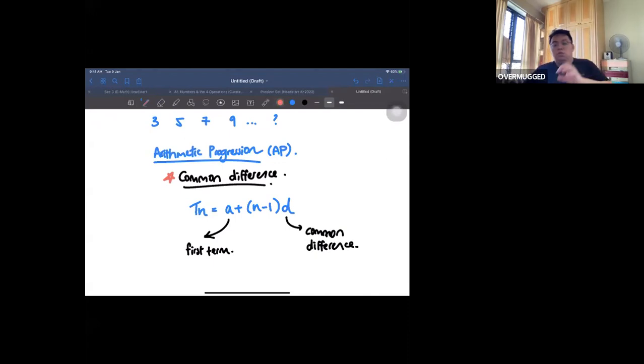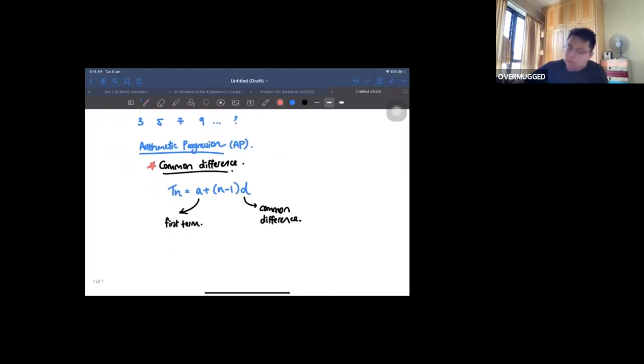Unfortunately, there is no specific formula for those that have a changing difference. But the good news for O-levels is that about 90 to 95% of number pattern questions are common difference questions. For the occasional 10% that are not, you need to observe the pattern to get the answer out.